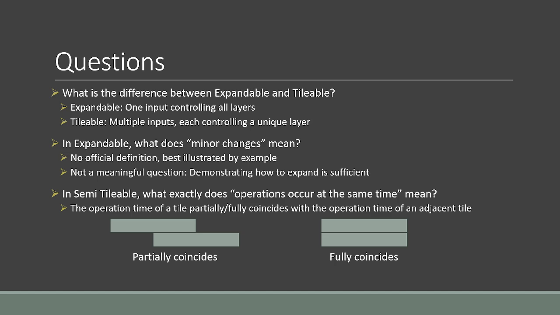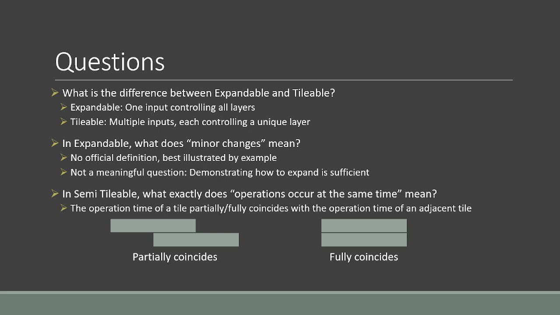So both of these scenarios satisfy the condition "operations occur at the same time." It's not only the fully coincides version, but also the partially coincides version. That's the thing you need to notice. So that is the correct interpretation of the "operations occur at the same time" phrase.